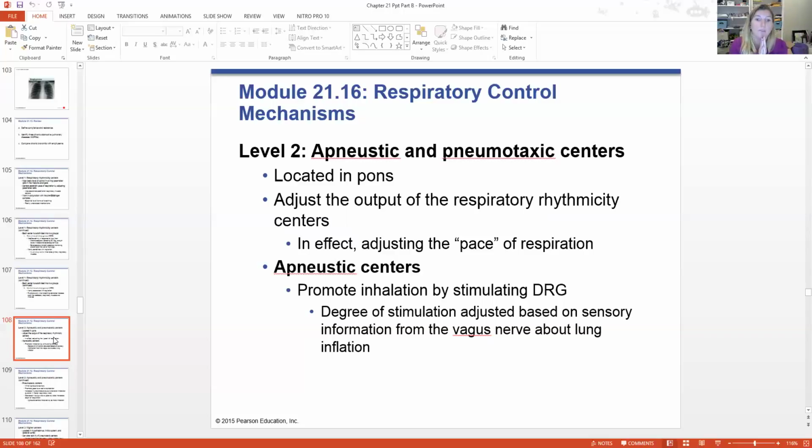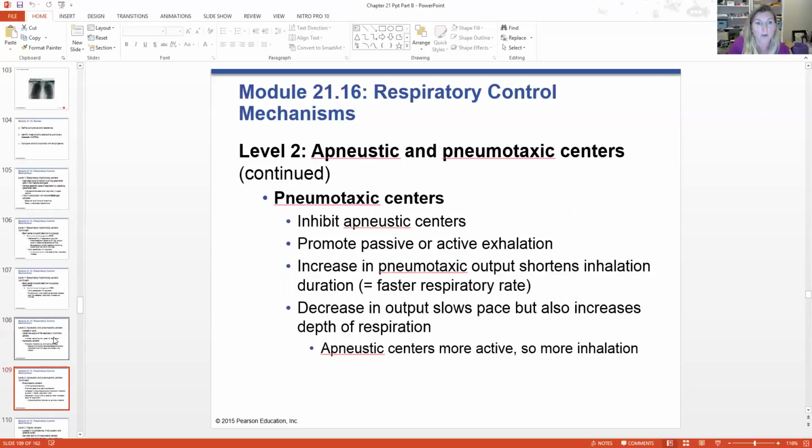So the apneustic and the pneumotaxic centers are going to adjust the rates of the DRG and the VRG. The apneustic centers are going to promote inhalation by stimulating that DRG. The degree of stimulation is going to be based on sensory information that's coming in from the vagus nerve about how our lungs are inflating. The pneumotaxic centers are going to inhibit the apneustic centers.